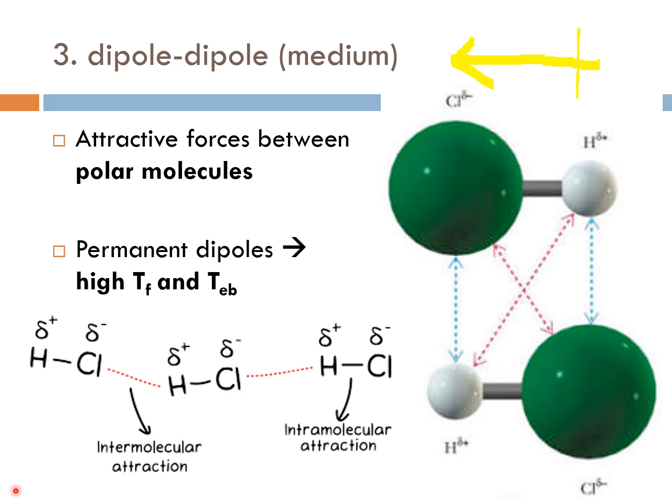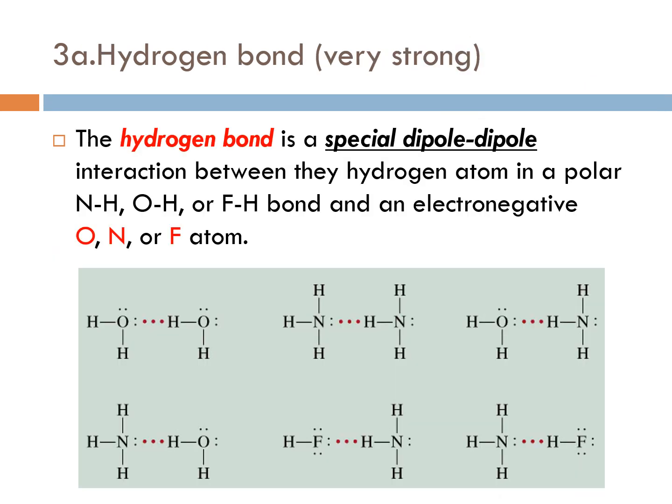They are intrinsically present in the molecule, and there is one special instance of dipole-dipole interaction that's particularly strong, and is called the hydrogen bond. A hydrogen bond happens when you have a polar bond between hydrogen and another element, and the other element can only be oxygen, nitrogen, or fluorine.